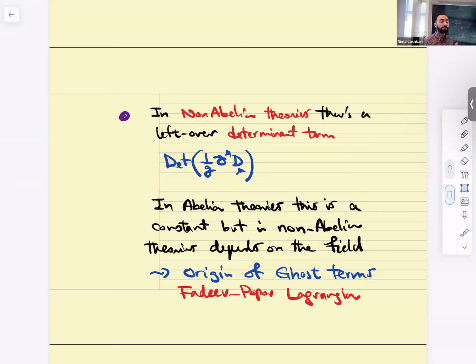By now, if you are not confused, you should be confused. This whole business is very weird, right? How these ghost fields keep track of unitarity seems a little bit weird, or at least not very clear. There is a symmetry of the Fadeev-Popov Lagrangian. It's called BRST symmetry.